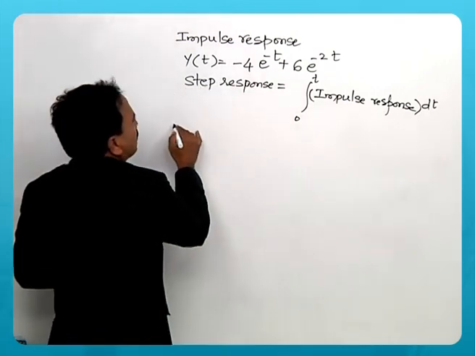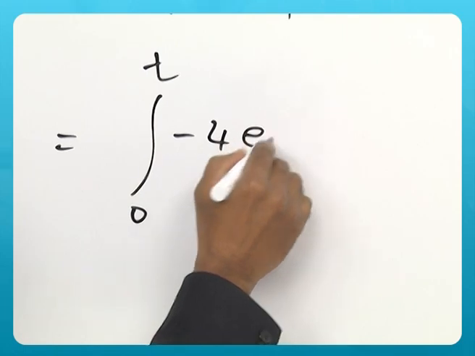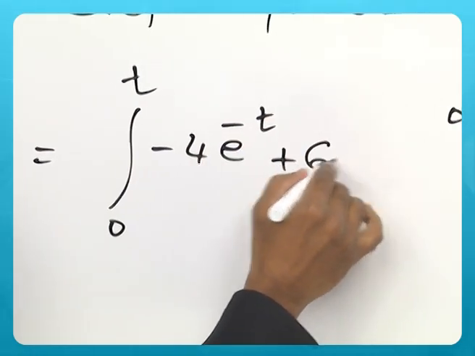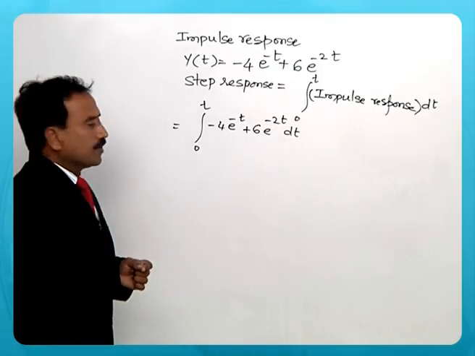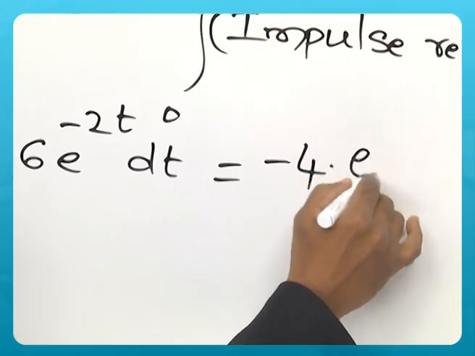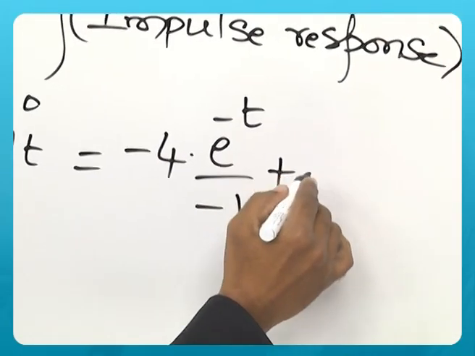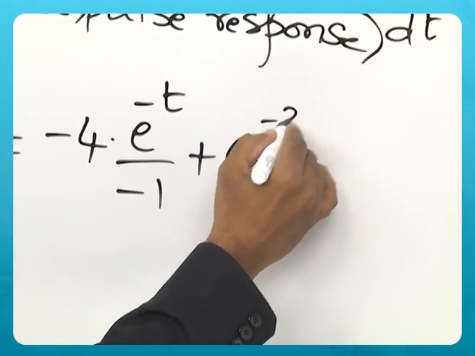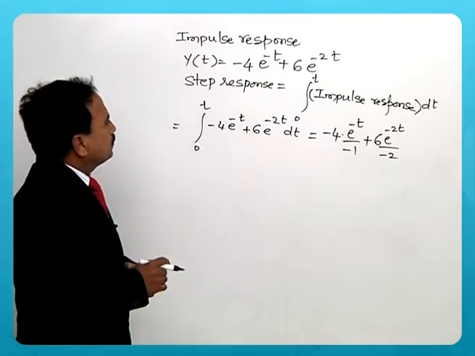So you can see the integration from 0 to t of minus 4 e power minus t plus 6 e power minus 2t dt. When you integrate this, this is equal to minus 4 e power minus t by minus 1 plus 6 e power minus 2t by minus 2.